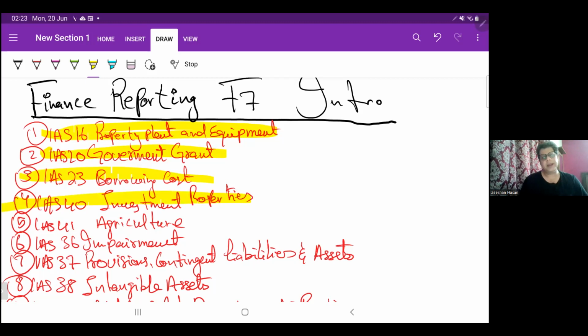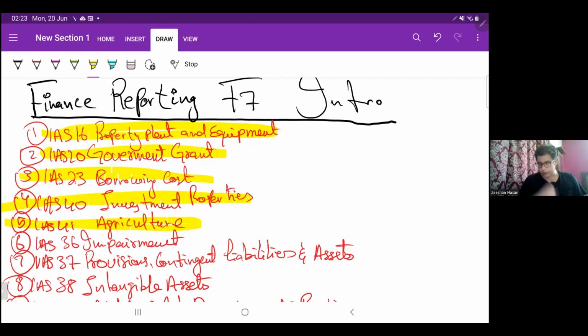Then we will do IAS 41, agriculture, which is related to agriculture products, accounting treatment, what is agriculture produce, what are agriculture assets, and their accounting treatments. Then we will move to the other topic, that is IAS 36, impairment.